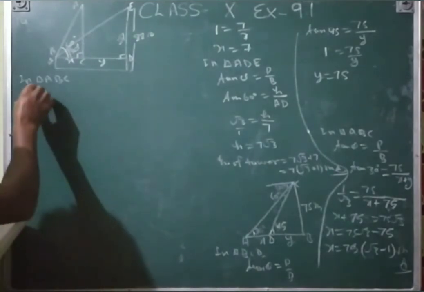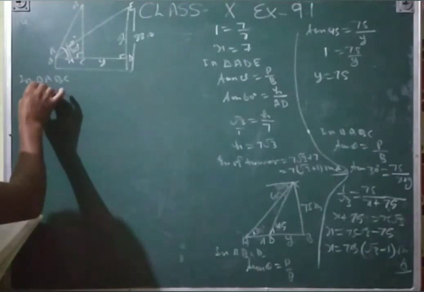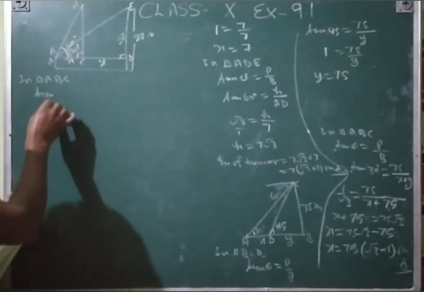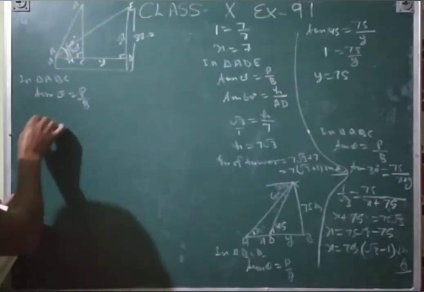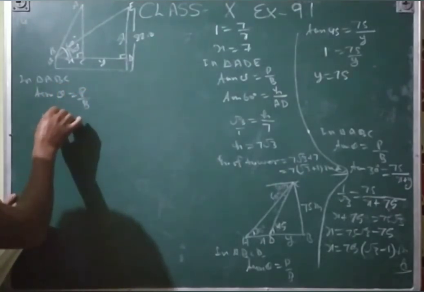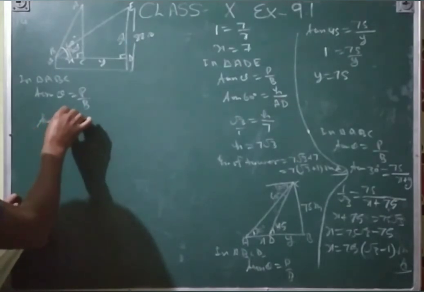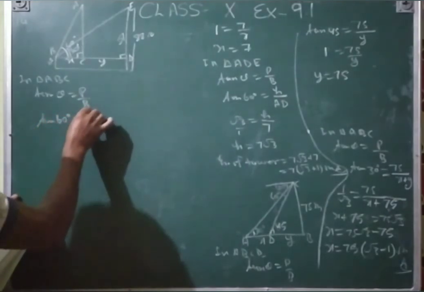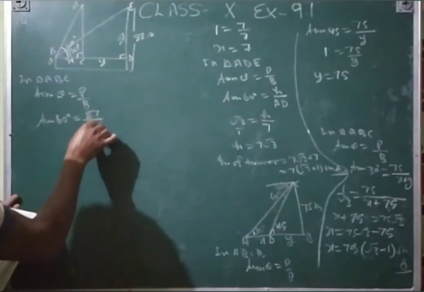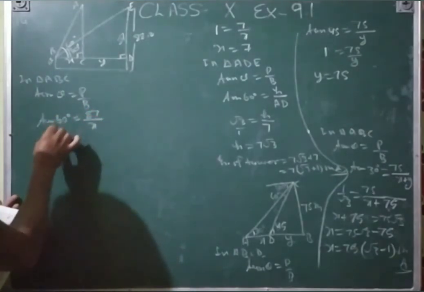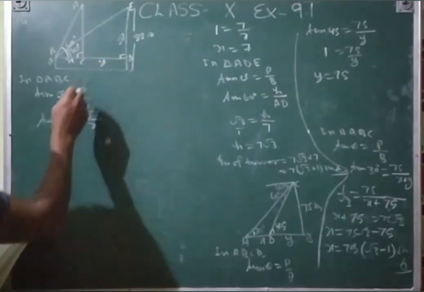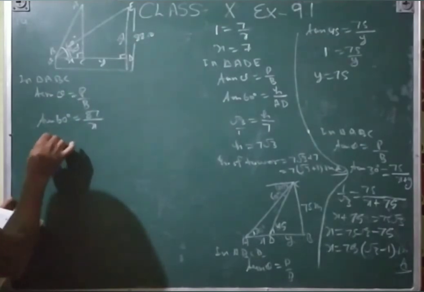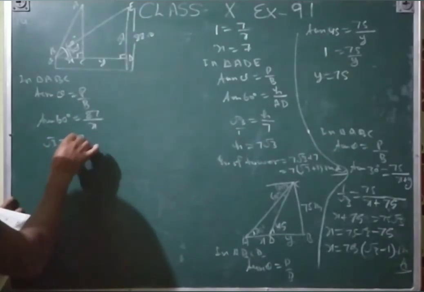First of all, in triangle ABC, tan theta is equal to perpendicular upon base. So tan 60 degrees is equal to perpendicular 87 upon base x. We need to find the distance traveled by the balloon, that is y. The tan 60 value, root 3, is equal to 87 upon x.